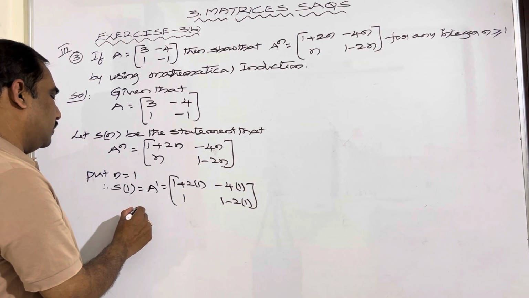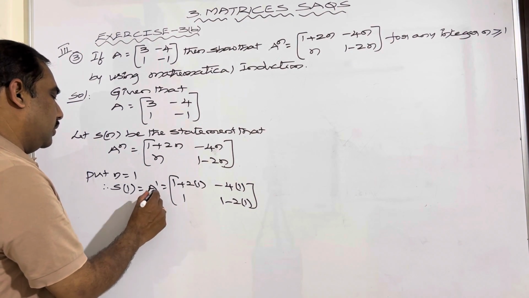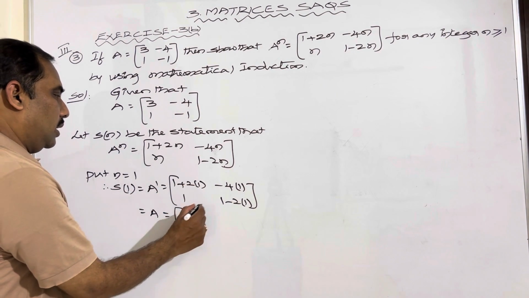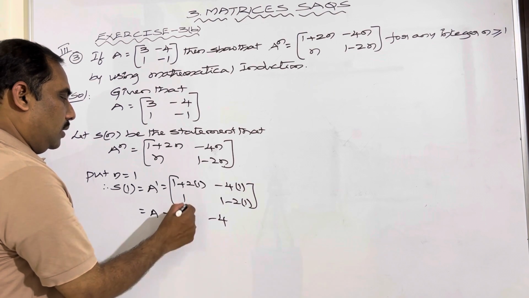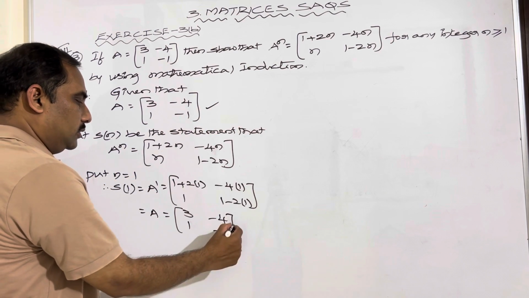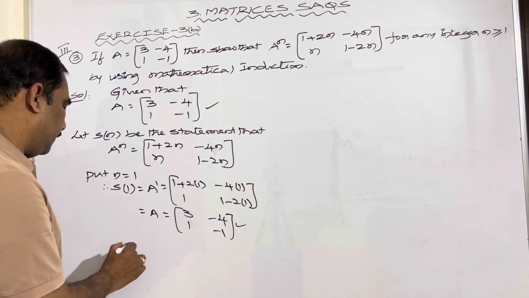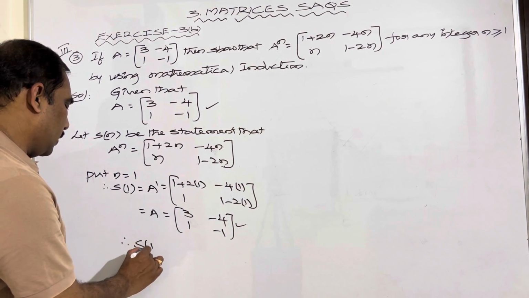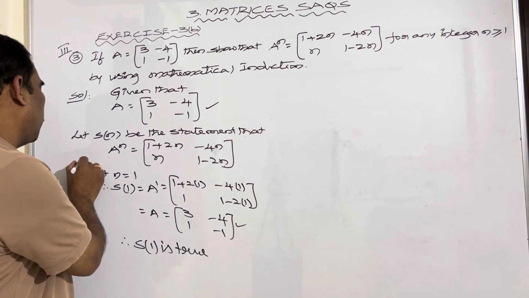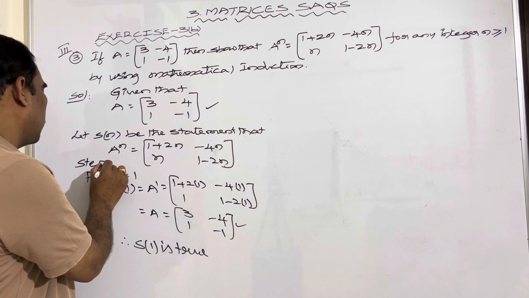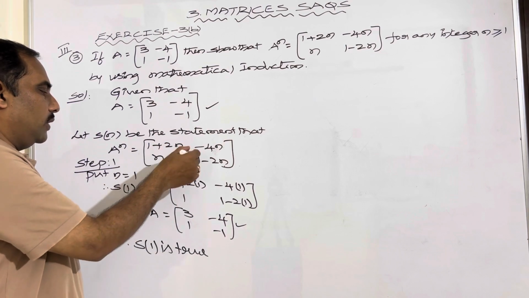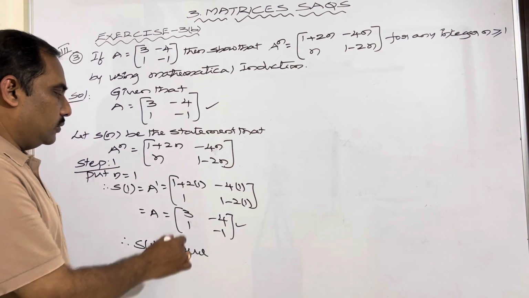So finally A to the power of 1, that is A, is equal to [[3, -4],[1, -1]], that is 1 plus 2 is 3, 1 minus 2 is minus 1, we get the same matrix A. Therefore we can write S of 1 is true. This is step 1: put n is equal to 1 and substitute, we get the same matrix.